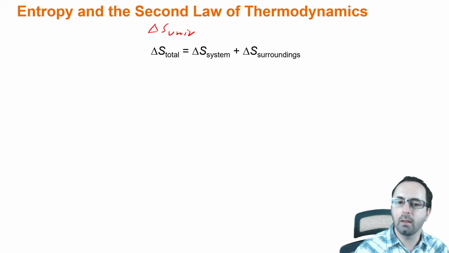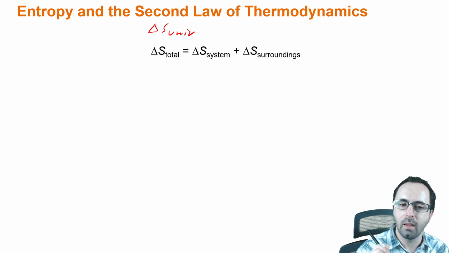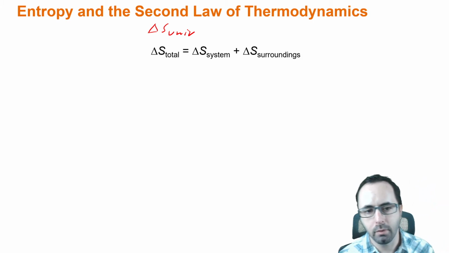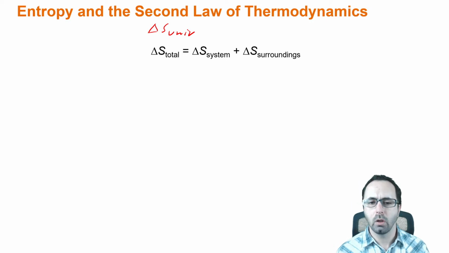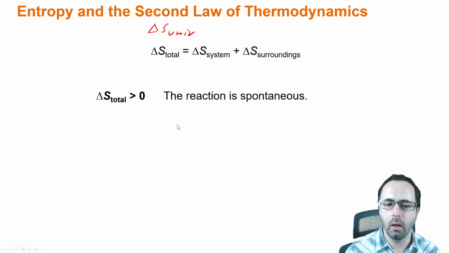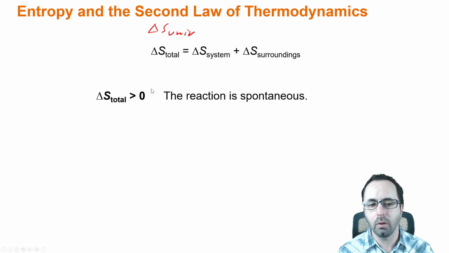And the second law of thermodynamics tells us that this must be positive for a spontaneous system. We must have an increase in total entropy. So when it comes to measuring, what this means is a total entropy greater than 0, change in entropy of the universe, that's a spontaneous reaction.